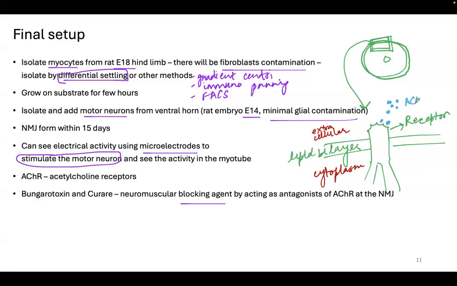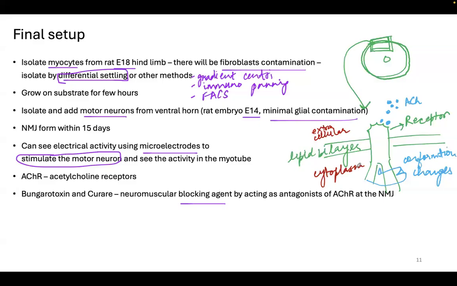When acetylcholine, or for that matter any ligand, sits on its respective receptor, the conformation changes. Then there's a downstream signaling cascade that finally says something is happening.